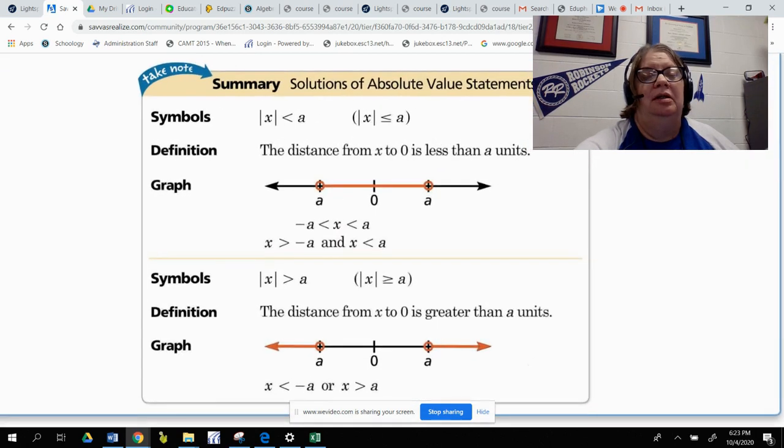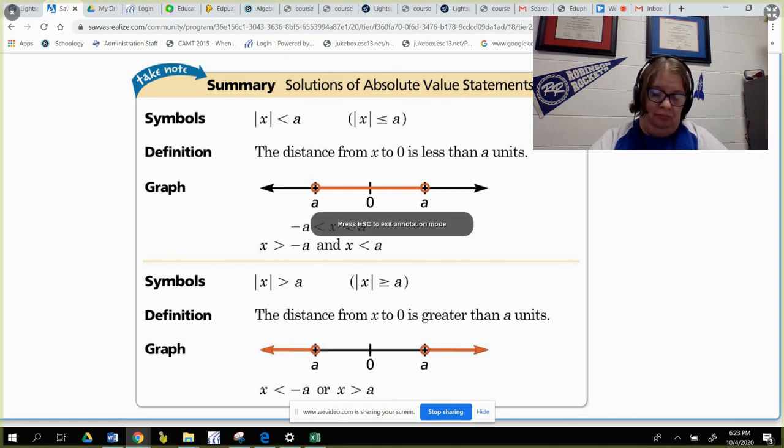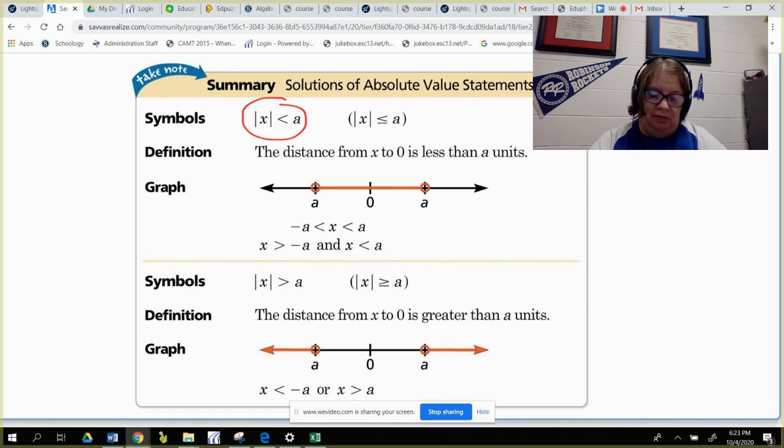So what does it mean when we're talking about absolute value? We said that the definition of absolute value is the distance from zero. So if you have an inequality that says the absolute value of x is less than a, that means that the distance from 0 to whatever your x value is has to be, if this is a, this distance is less, this distance is less.